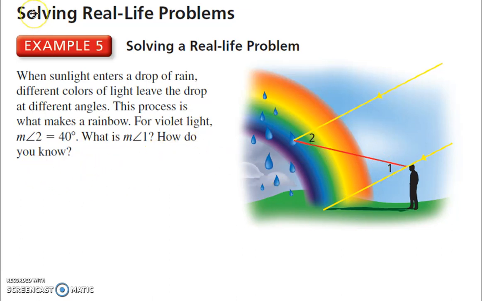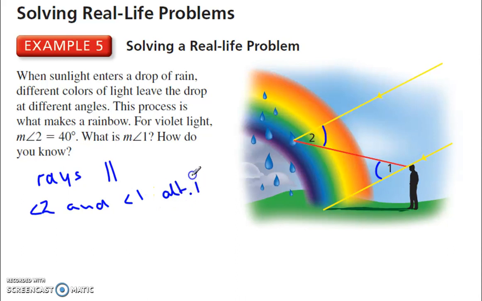Well, first off, we know that the rays of the sunlight are parallel. So we've got to start with what we know. The rays are parallel, and angle 2 and angle 1 are alternate interior angles.